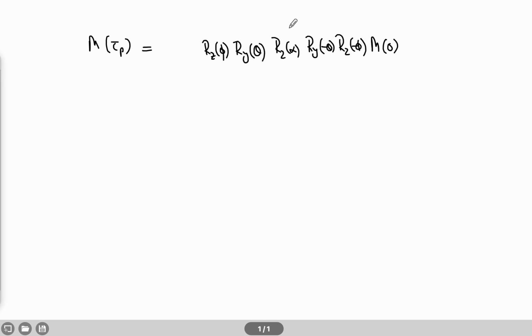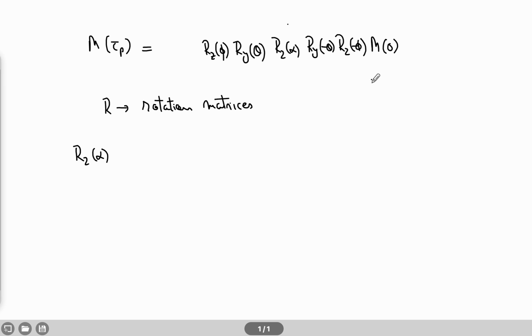Let us see what the form of this matrix Rz is. These matrices are called rotation matrices. Now let's see how they look, and calculate Rz alpha.